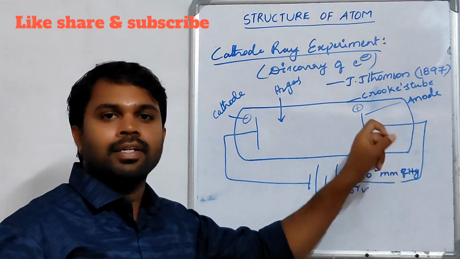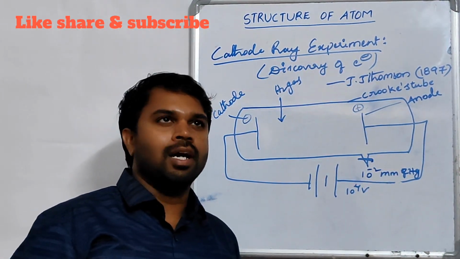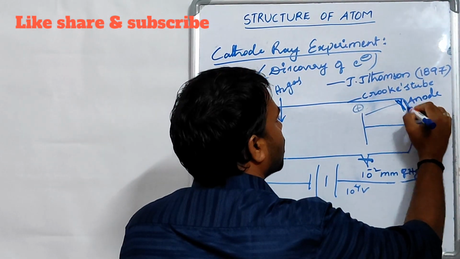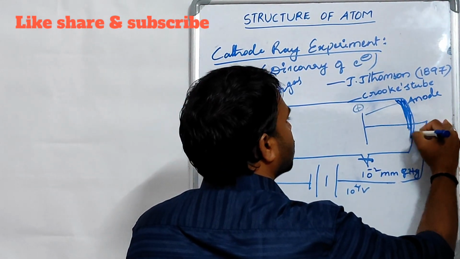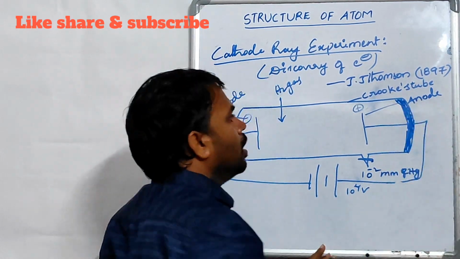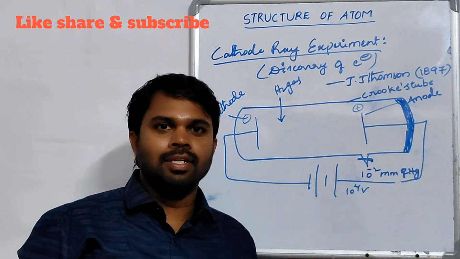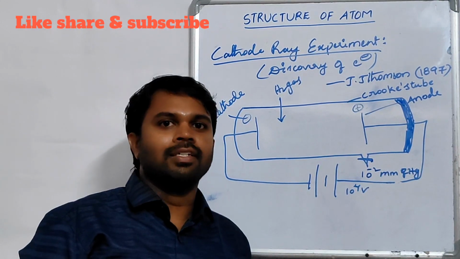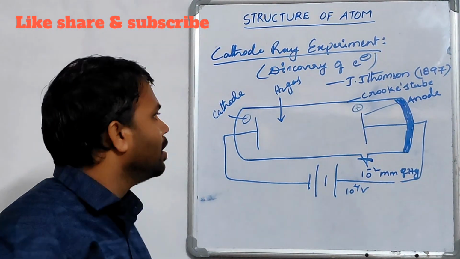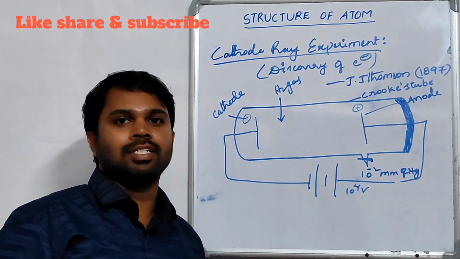This particular side he coated with a fluorescent or phosphorescent material like zinc sulfide. The property of this material is that when a particle with some mass strikes this zinc sulfide screen, bright spots get created. This is the complete setup of the cathode ray experiment.